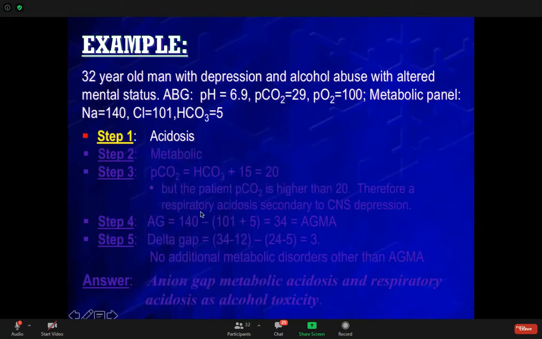So this means there's a metabolic disorder, right? Then the next step is to calculate the expected PCO2 level. So what's the proper compensation? Your step 3: it's your bicarb plus 15. So your expected PCO2 number would be what?